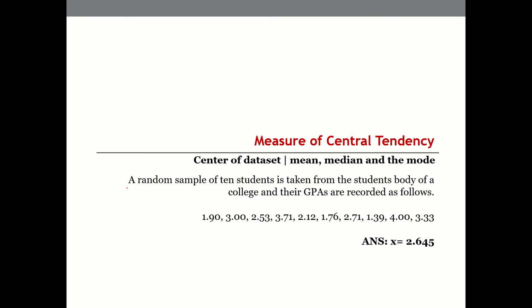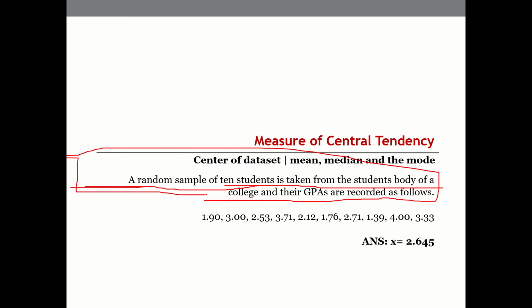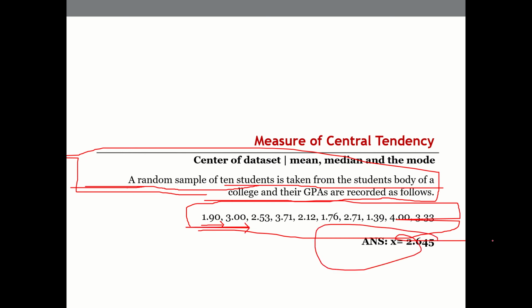For example, a random sample of 10 students is taken from the college record, and then the GPA is calculated. How do you do that? We do the summation of all this. Can you quickly do this? Check whether this number is right. What is the n?